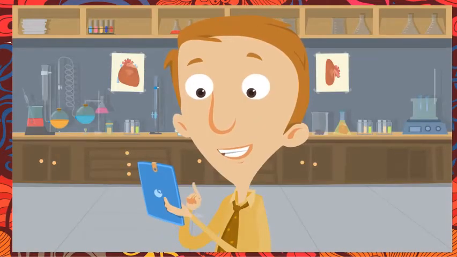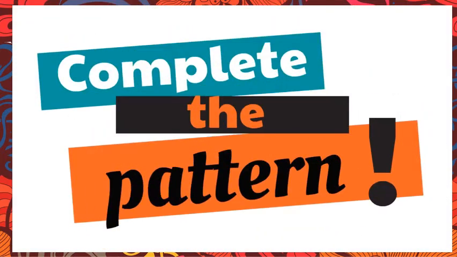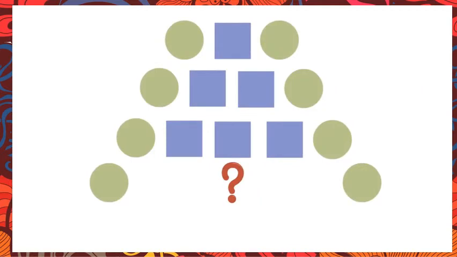Okay, now we are going to play a game called Complete the Pattern. We'll show you a pattern, and then you can try to crack the code and complete it. Here's the first one. You'll notice there are a lot of shapes here, so we should probably just look at this pattern line by line and see what we discover. On this first line, we see a green circle, a blue square, and a green circle.